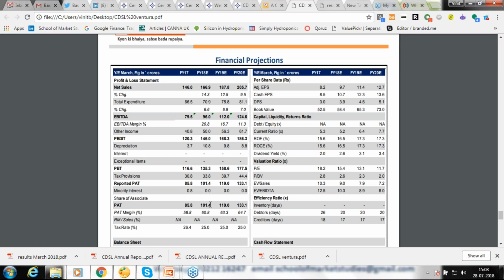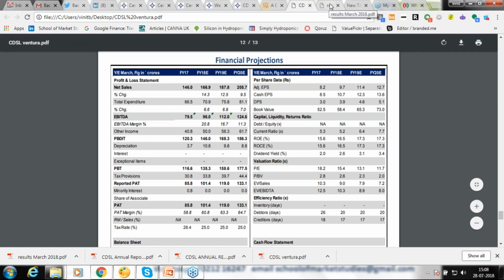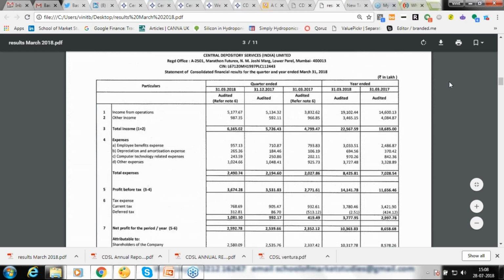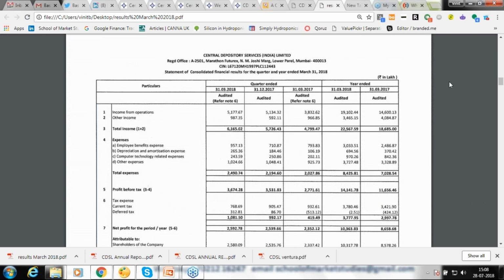So what has happened is that the earnings have been good, but I think the EBITDA has come in a little lower. So let's calculate the EBITDA, isn't it?